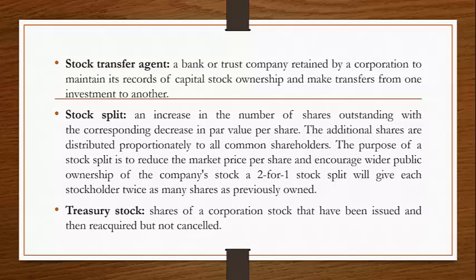Let's assume a company's share is valued at $100 in the market and small investors cannot think to purchase it because of its expensive price. So the company sometimes splits the value of their shares into two. So a $100 share, if split into two, each share after the split will have a value of 50.